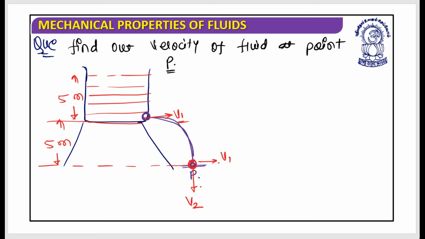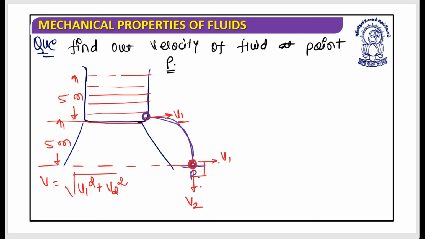It's basically a horizontal projectile. In every projectile, the x component of velocity never changes. So I need to find v, which is equal to the square root of v1 squared plus v2 squared, because the angle between these two is 90 degrees.